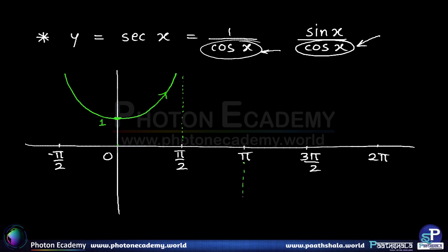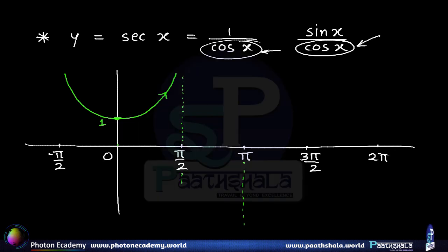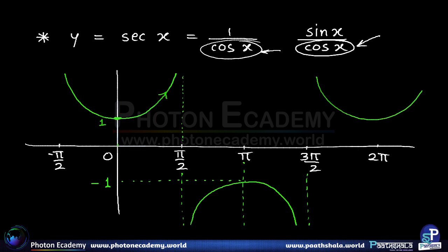Now later on when we go to the second and third quadrant, it will be just the opposite in the negative direction. So therefore the graph will be similar in shape but opposite in direction. That will be the inverted thing. Right? So here the peak of that inverted thing actually comes at -1. And once again it will repeat.